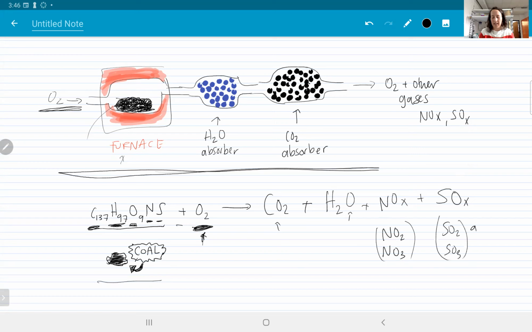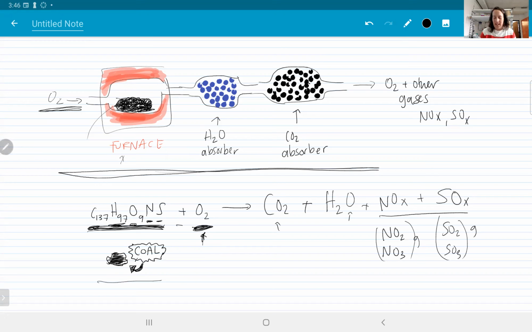Remember those are gases, again the covalent compounds, and they are pollutants that we can breathe in our air. They're very dangerous and toxic to us in high quantities, which is why burning coal is not good for our breathing or our health.